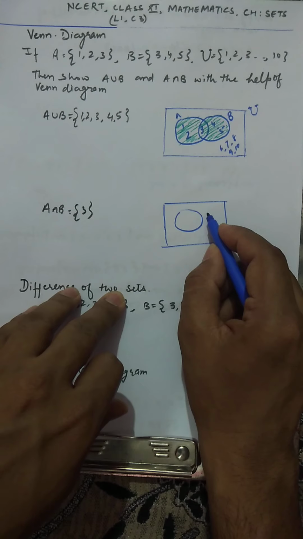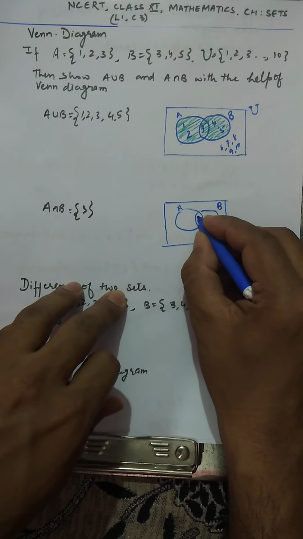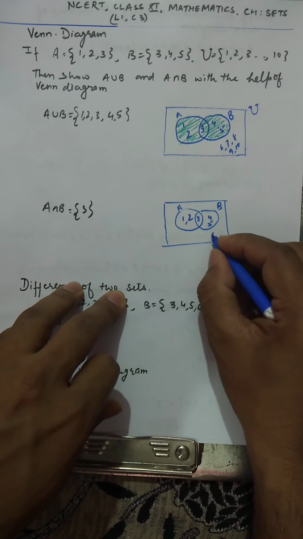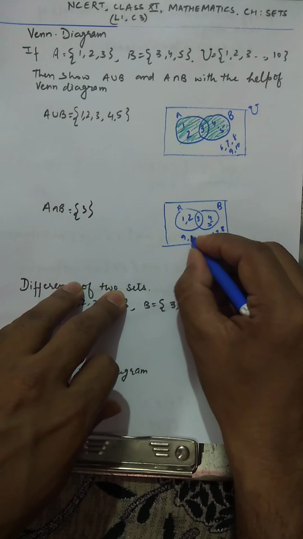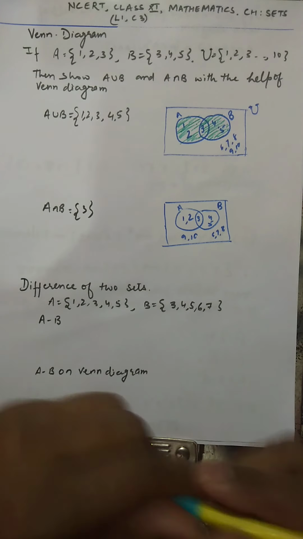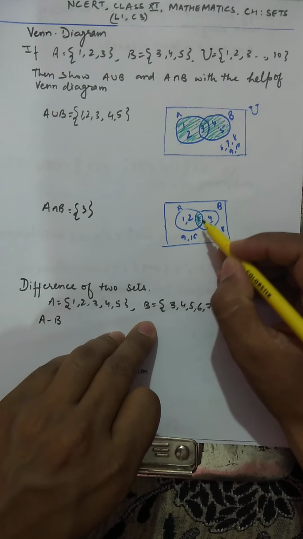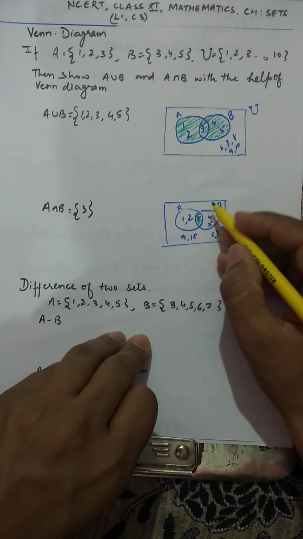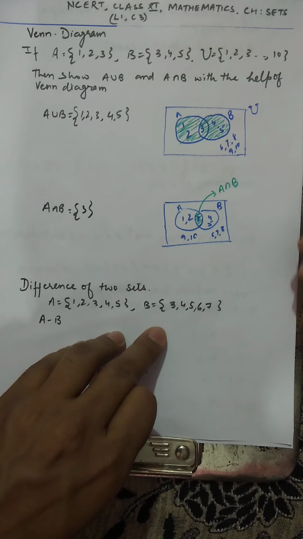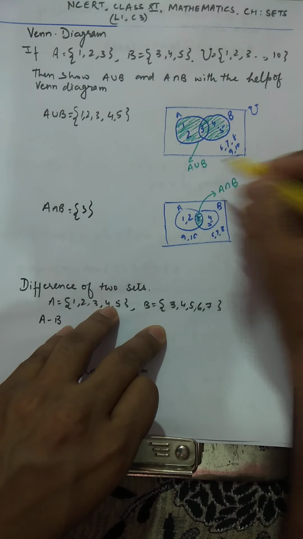This is A, this is B, this is 3, this is 1, 2, this is 4, 5, and the remaining 6, 7, 8, 9, 10 are outside of these circles. So which area will be A intersection B? This is your A intersection B. I'm using a different color so that you can understand it. So this shaded area is called A intersection B, and the other shaded area is called A union B.